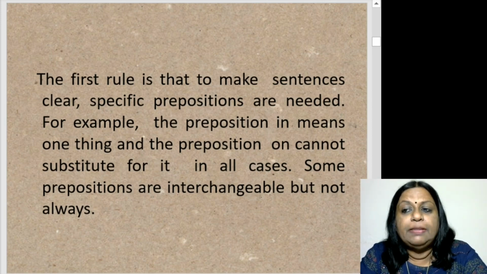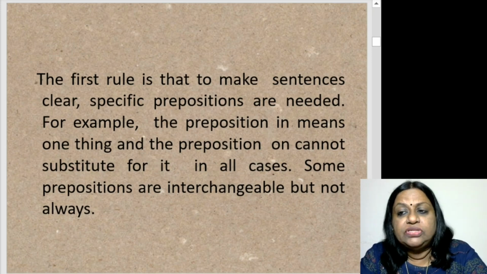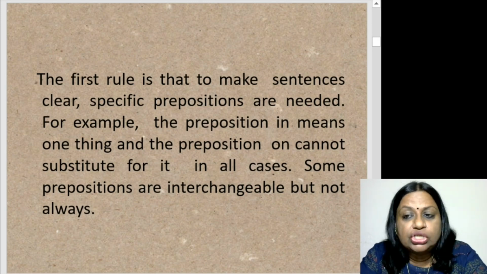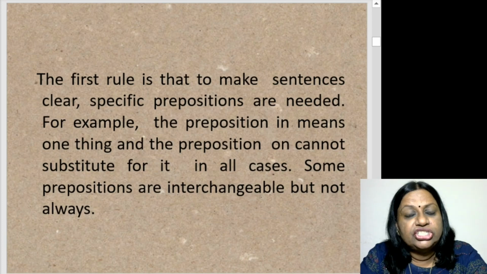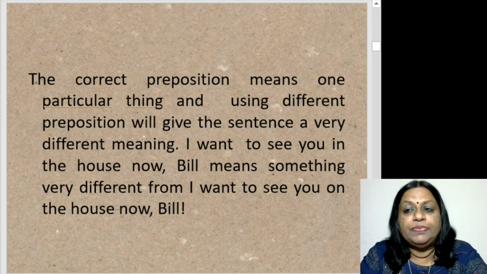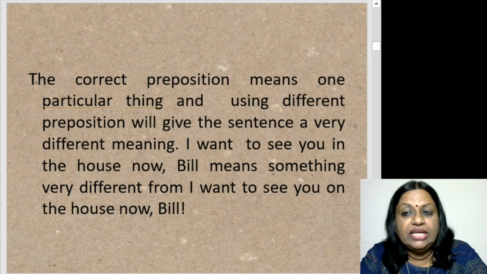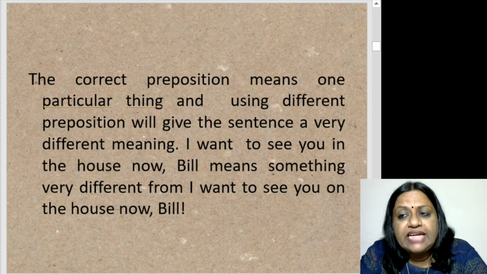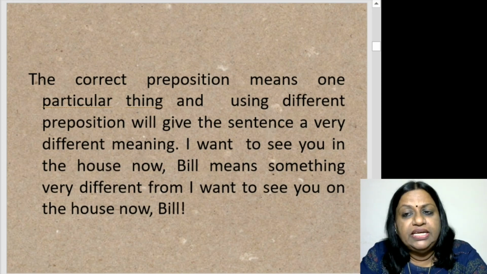For example, the preposition in means one thing and the preposition on cannot substitute for it in all cases. Some prepositions are interchangeable but not always. The correct preposition means one particular thing, and using a different preposition will give an entirely different meaning to the sentence.